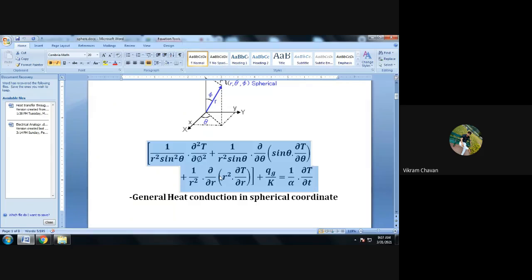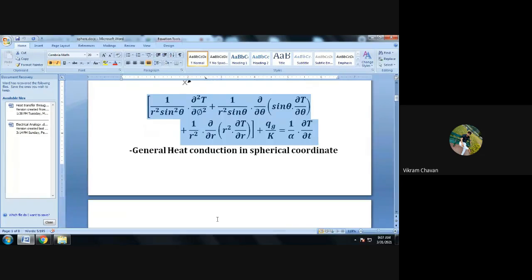Here qg is the heat generation per unit volume per unit time, k is the thermal conductivity, alpha is the thermal diffusivity, and ∂T divided by ∂t is the temperature change with respect to time. So this is the general heat conduction equation in spherical coordinates that we discussed in the last lecture.